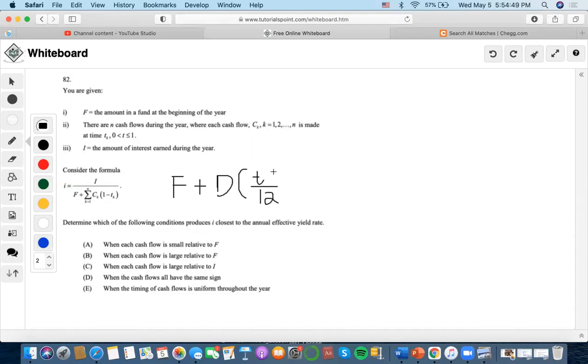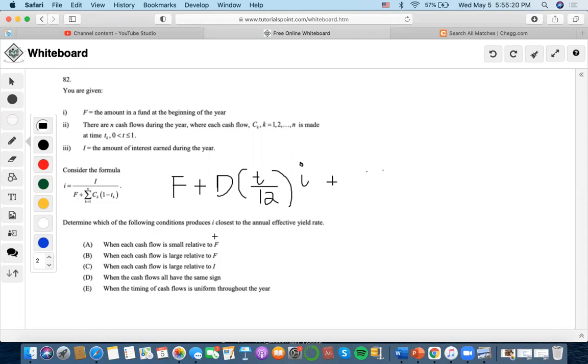That's why it's denoted 1 minus T. For example, if you have a cash flow in July, that means 6 months have passed, so we would put 6 months left here. And then we always multiply it by an interest rate, right? And we keep on going until there are no deposits or withdrawals left.